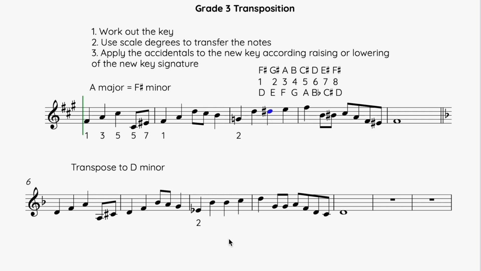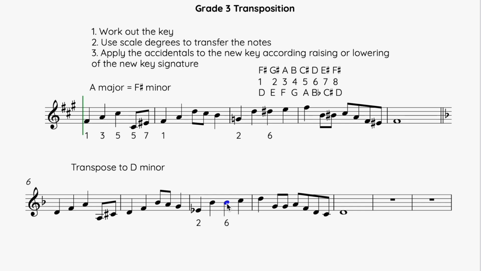Right? So let's come now to the corresponding note. Just to remind you, that was the 6th. So here, this note has to be altered. It's the 6th note of D minor, which is B flat. We have to now raise B flat a semitone.